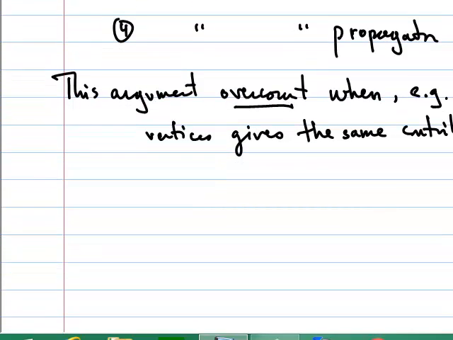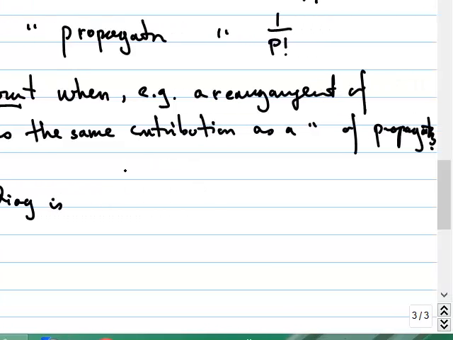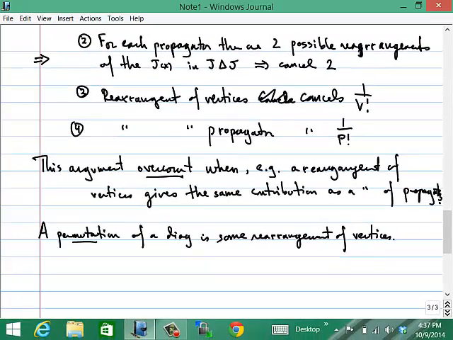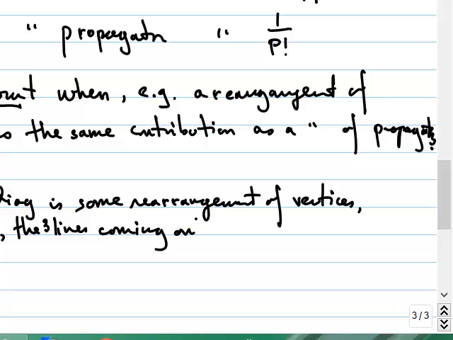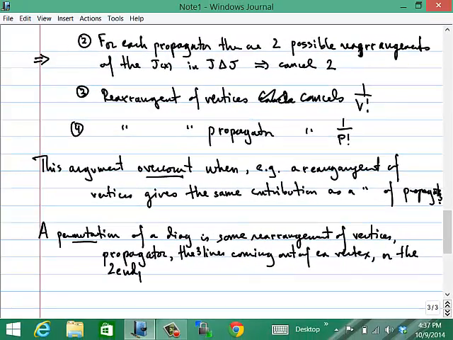So in general, let's call a permutation of a Feynman diagram some rearrangement of the vertices, of the propagators, of the lines coming out of the vertices, so the 3 lines coming out of a vertex, or the 2 endpoints of a propagator, and for a generic Feynman diagram with no symmetries, that Feynman diagram will not be invariant under any permutation.